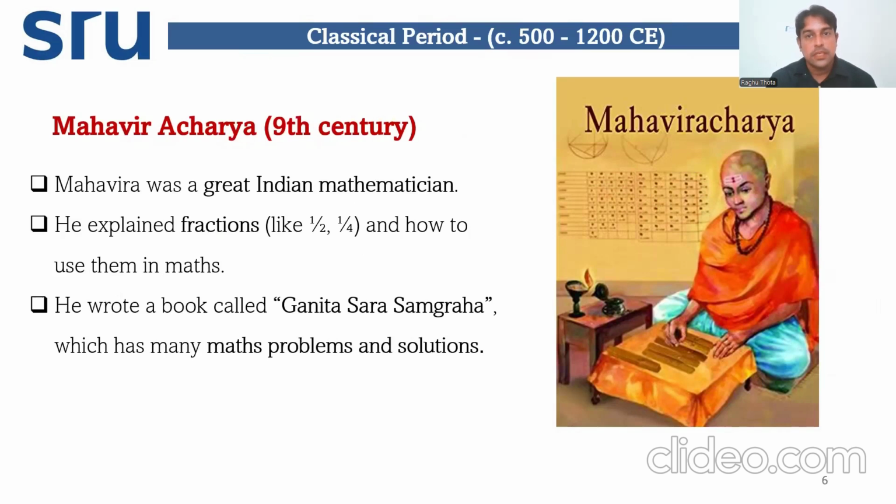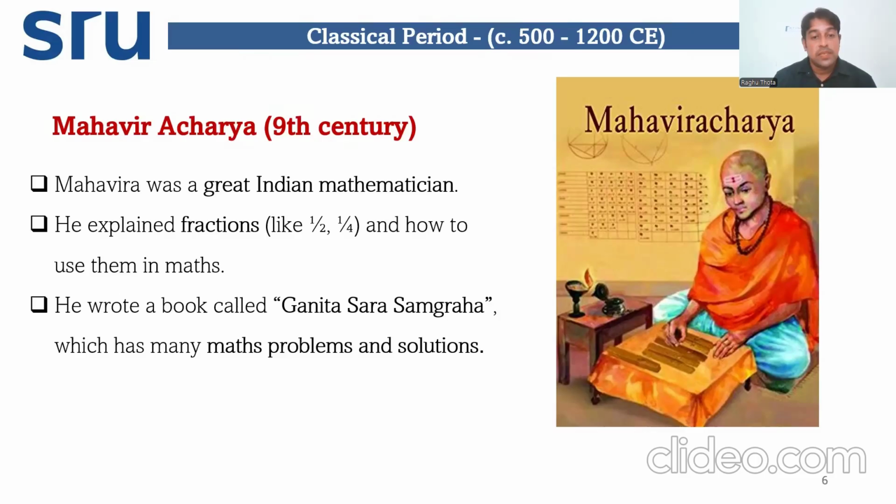There is another person in the classical period, Mahavira Acharya, who belongs to the 9th century. And what is his contribution to ancient mathematics? Mahavira was a great Indian mathematician who explained fractions such as 1 by 2, 1 by 4, 1 by 3, and how to use them in mathematics.